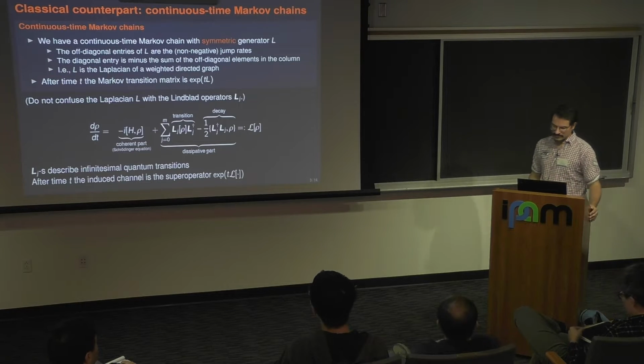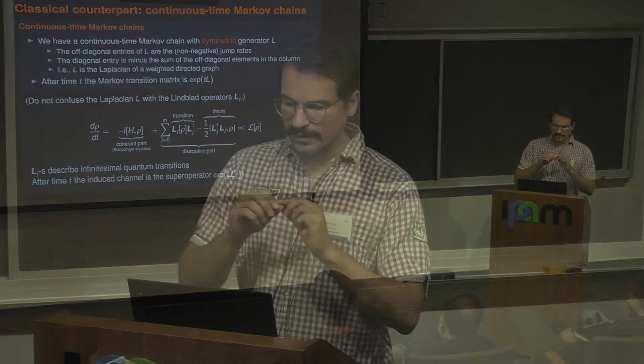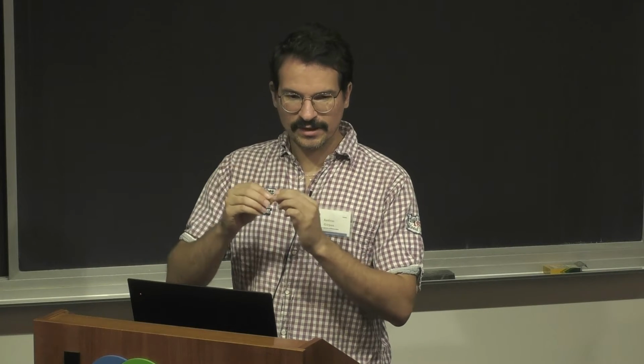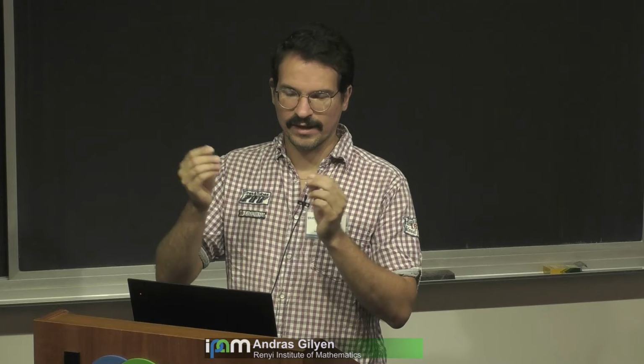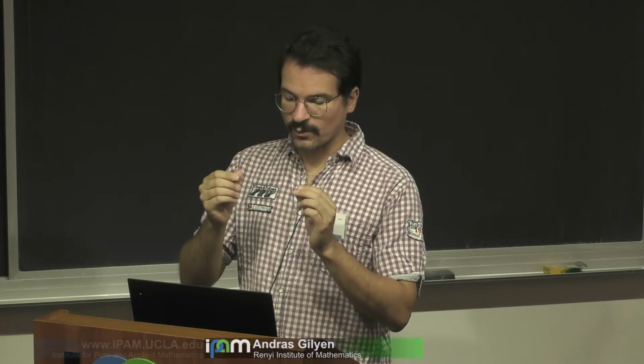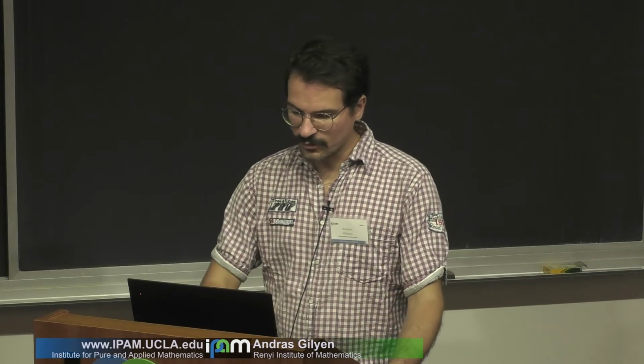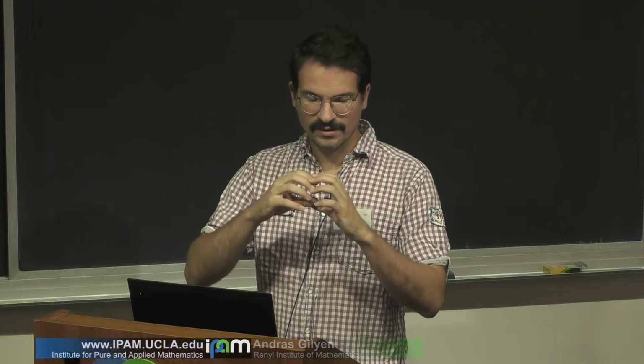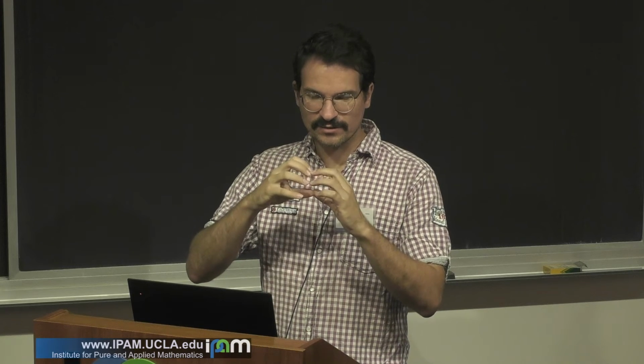Oh yeah, that's a very good question. A single matrix element of the Laplacian tells you how likely you are to jump from state S to K. That would be just an operator here, which is just the rank 1 matrix.